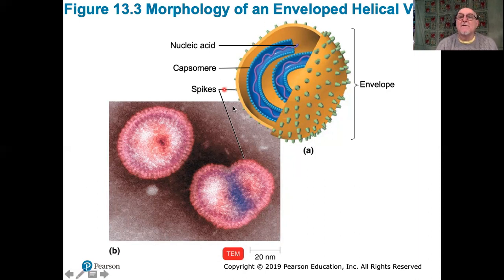But the whole thing is surrounded by this envelope, which is actually derived from one or other of the host membranes. It is modified because it has viral proteins embedded in it, but the membrane itself is derived from the host. So here we have the capsid surrounding nucleic acid again, but the capsid itself is now enclosed. And we may have further elaborations on these basic structures, as you'll see in a minute.